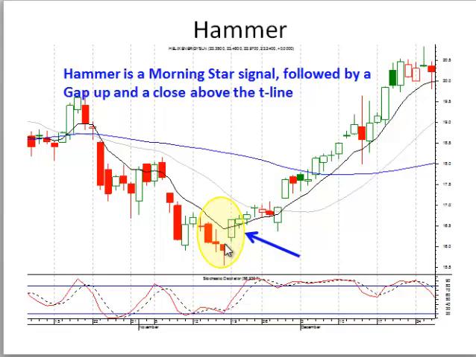The same elements that make a Morningstar signal strong, which is a gap up on the final day, closing well above the halfway point, can follow a hammer signal or any other decisive trading day. The hammer signal just shows that the force of the sellers are now disappearing. Expect that reversal.